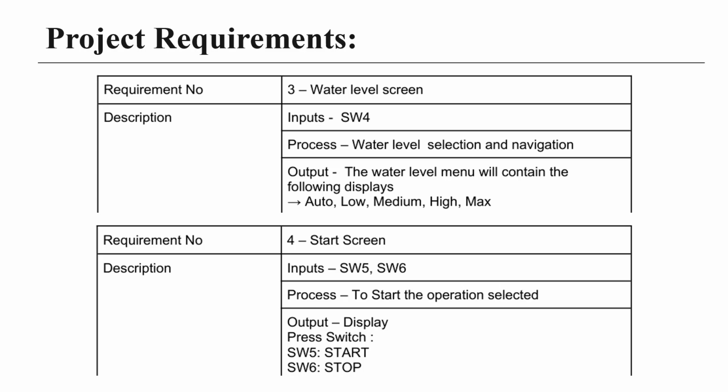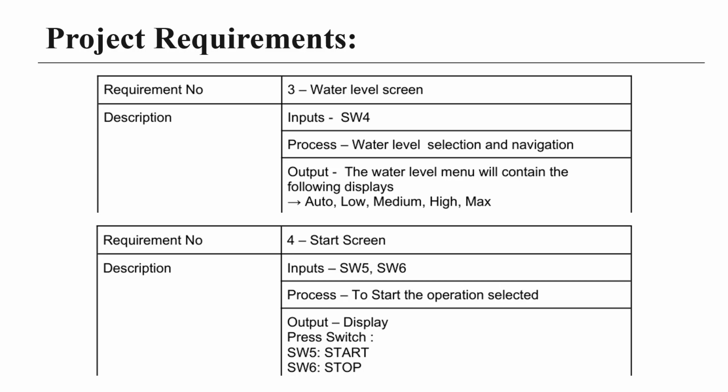So the S4 switch will be helpful to navigate through the options, and if we want to select a particular option, then we need to bring the asterisk mark in front of the desired option and long press the S4 switch. So that particular option will be selected. Next is the start screen requirement. It uses switch 5 and switch 6 for the input.